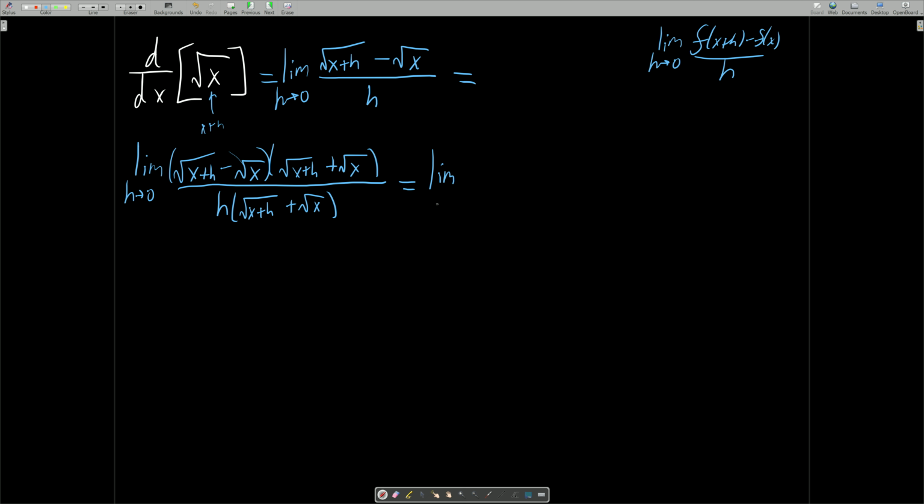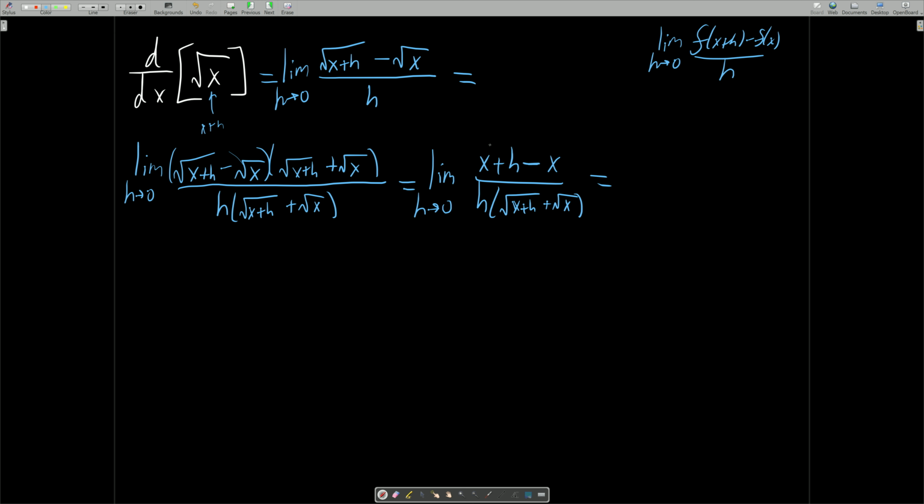Now we're going to simplify this. If you FOIL this out, you get this squared minus this second term squared, because there's a difference of two squares, right? So you have square root of x plus h squared, that's just going to be x plus h, minus square root of x squared, that's just x, and you leave the bottom intact.